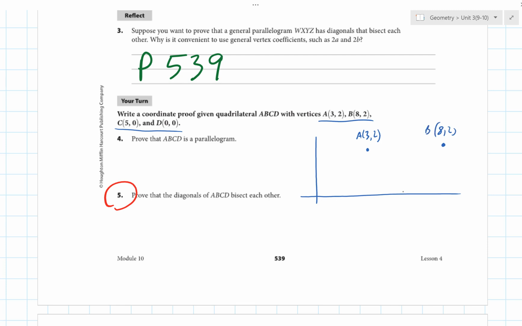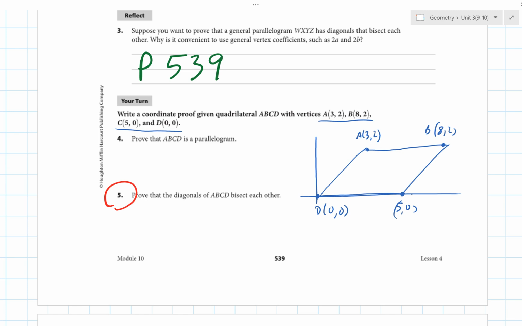Point C is at 5, 0. And point D is at 0, 0. So there's our figure, and we're going to try to prove that the diagonals bisect each other.